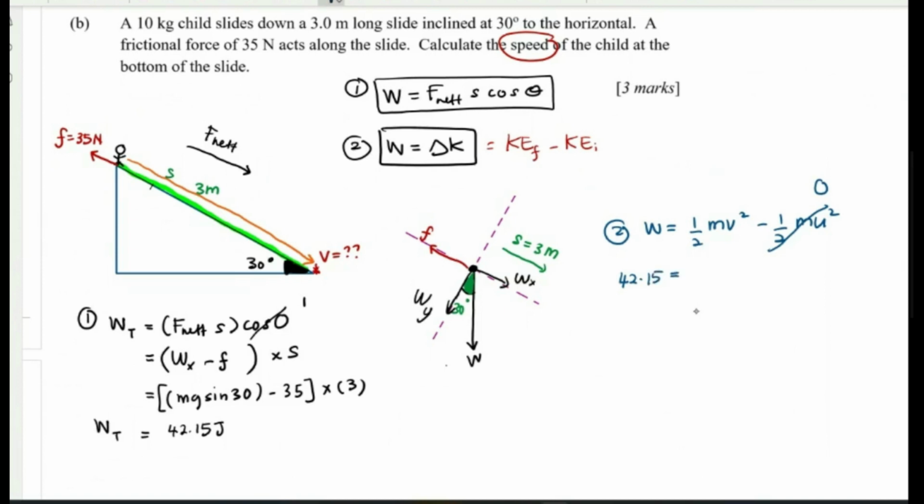Okay, so dah akan jadi 42.15 equals half mv squared and the mass is 10 kg. Then finally you can find V, which is the speed of the child at the bottom of the slide. Dapat tak? The answer is 2.9 meter per second. Please check. Dapat tak jawapannya? Ya, madam, sama. Sama.